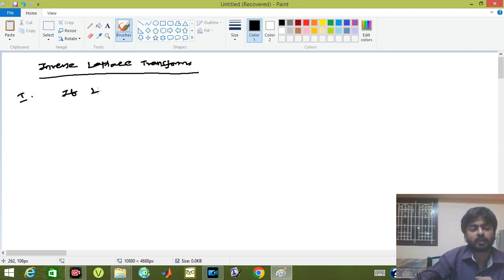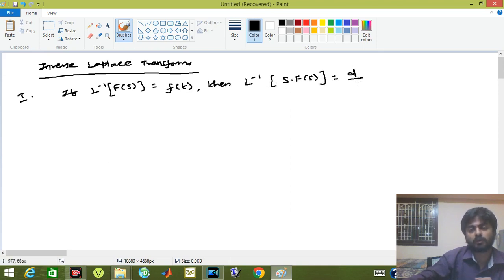If L inverse of f of s equal to f of t, then L inverse of s into f of s equal to d by dt of L inverse of f of s.